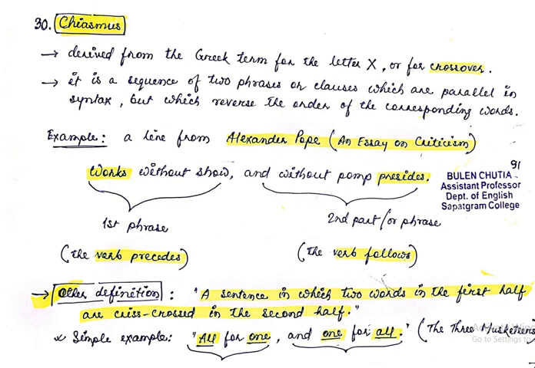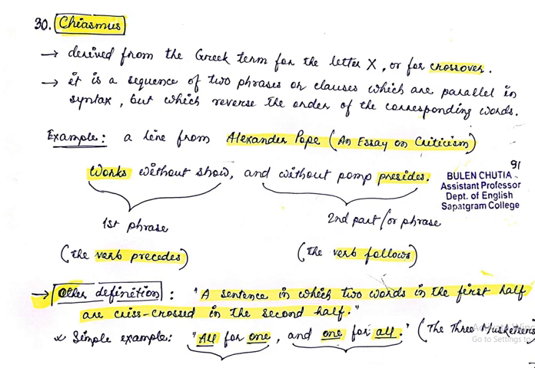For example, we can take a line from Alexander Pope's An Essay on Criticism. The line is, works without show and without pomp presides. In the first phrase, you can notice that the verb is in the beginning of the phrase. That is, works. Works is the verb here, and this verb is at the beginning of the phrase.